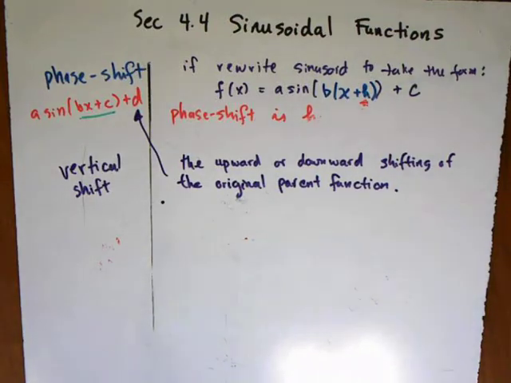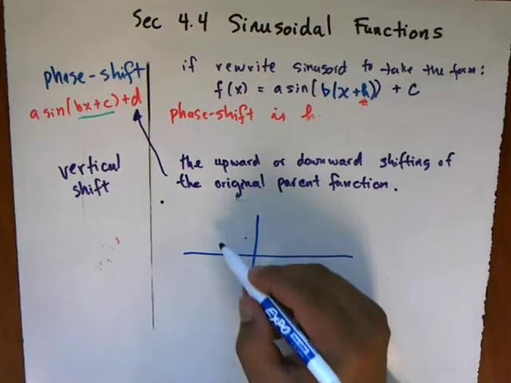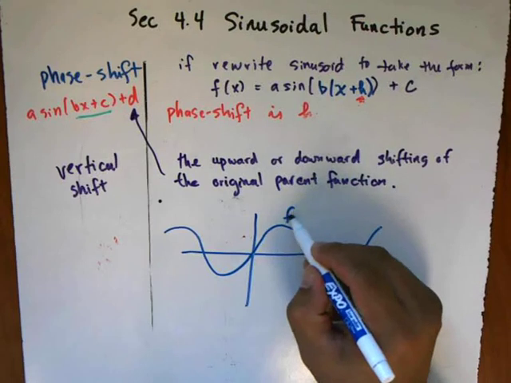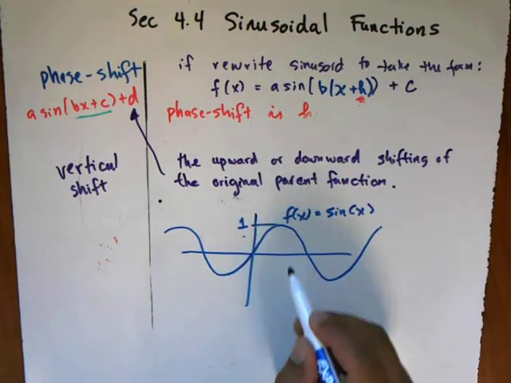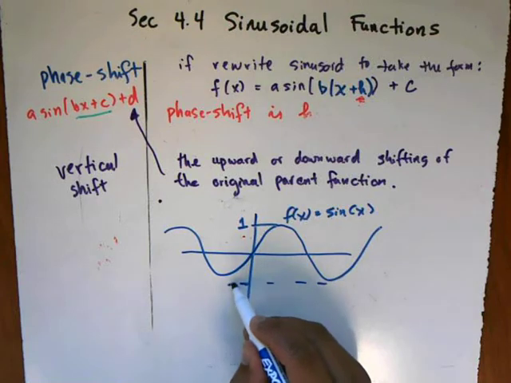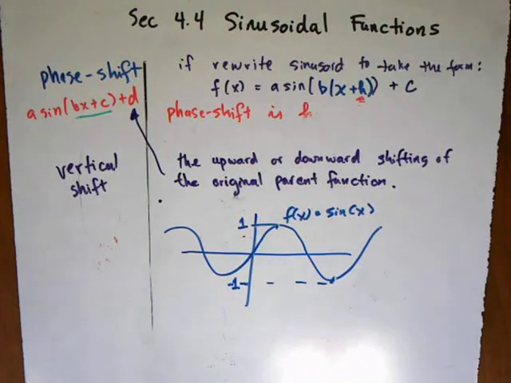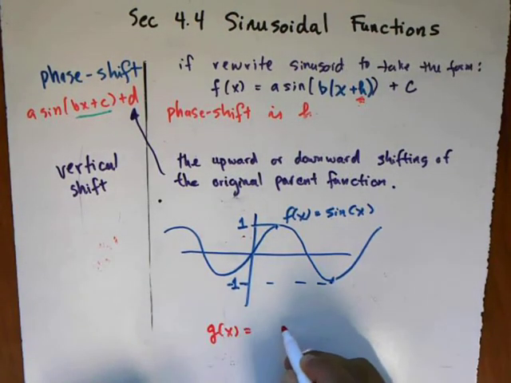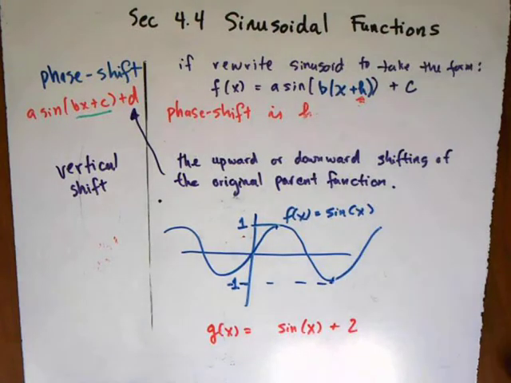Okay? So let's say I had a function like this. We'll use sine for now. So this is f of x equals sine of x. And remember, this point is here at 1. This point here is at -1. If I create a new function, if I take this and I go g of x equals sine of x plus 2, then that means everything in here is going to get shifted up 2.